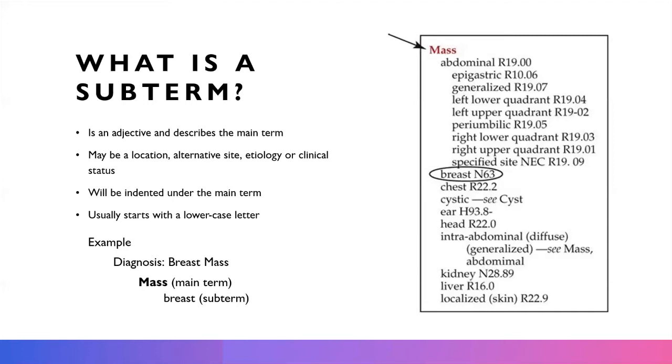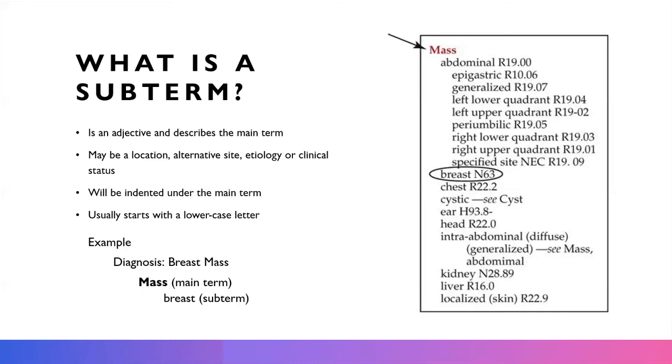It is a good idea to scan the entire list of subterms when you're coding to understand how they are listed under the main term. There are subterms, and then there are subterms of subterms. It can get confusing, so make sure to take your time when you're reviewing the subterms just to make sure you are selecting the correct one.